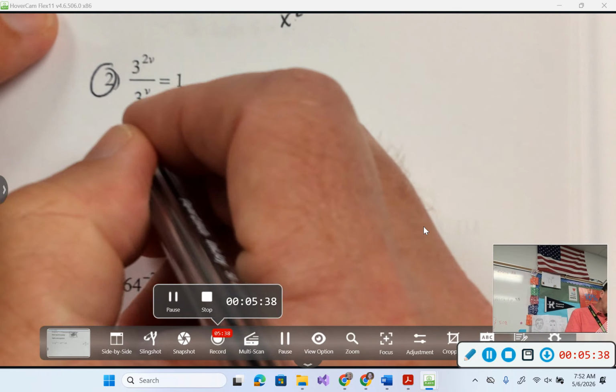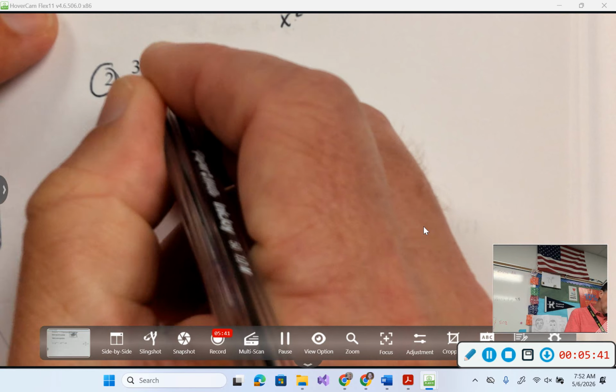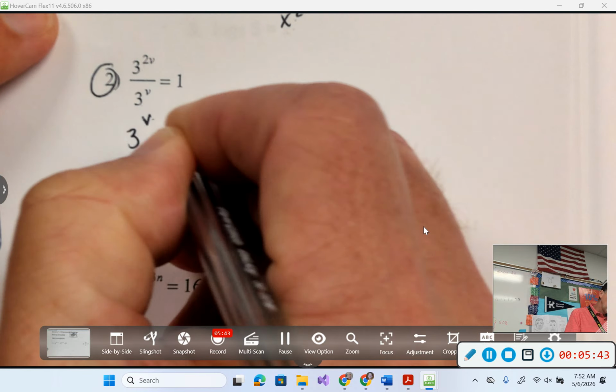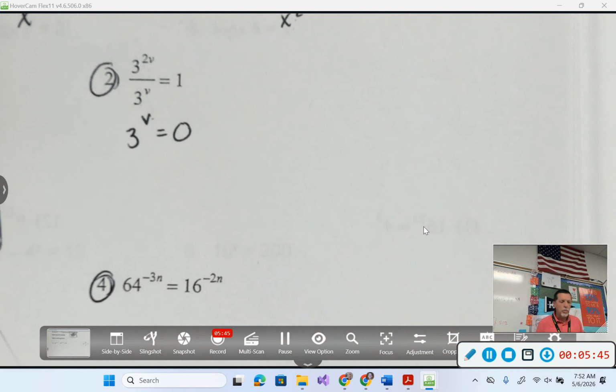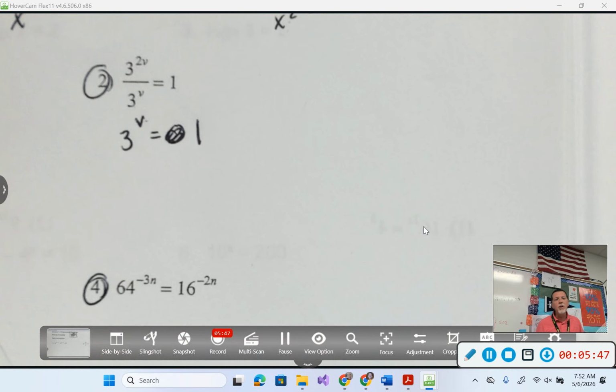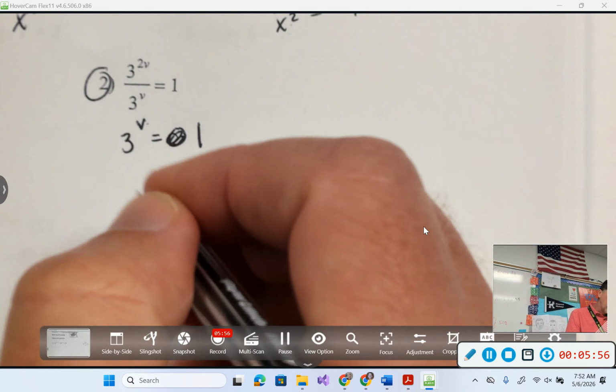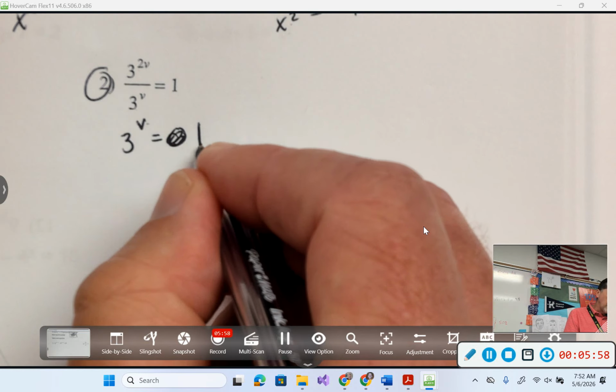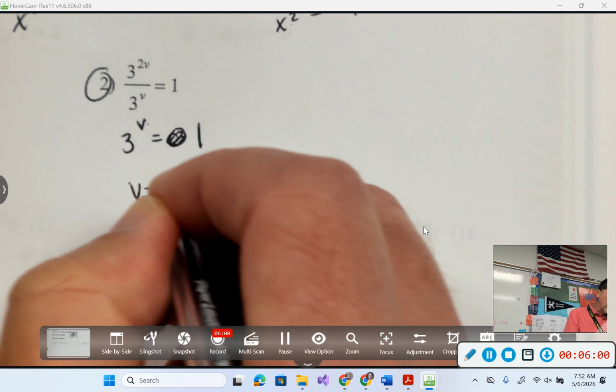2v minus v is v. So keep the 3. 2v minus v is v. So 3v equals, 3v equals 1. Brain was skipping ahead there. So hopefully you look at that and you're like, well, v has to be 0 for that to work. You don't really need to try to rewrite 1 as something. That only works for v equals 0.